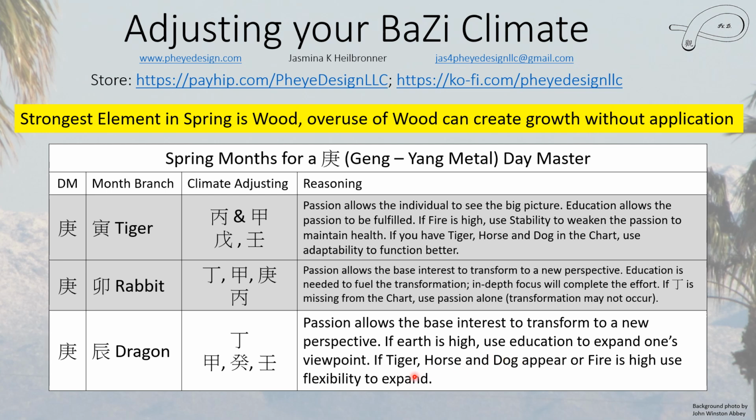Now, if you have that Tiger, Horse, and Dog, which is a fire bureau, and you have to have all three in your chart, or if fire is high, you use flexibility to expand it. That is, you have to become more flexible in your approach to the problem or to what you want to do, and be a bit more relaxed, and that will allow you to actually find a way forward.